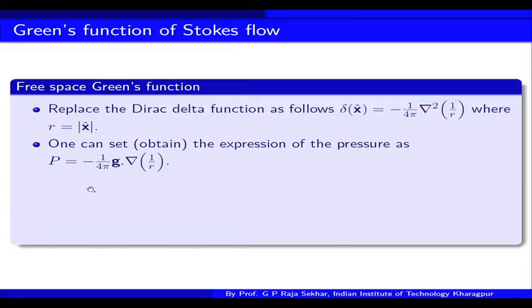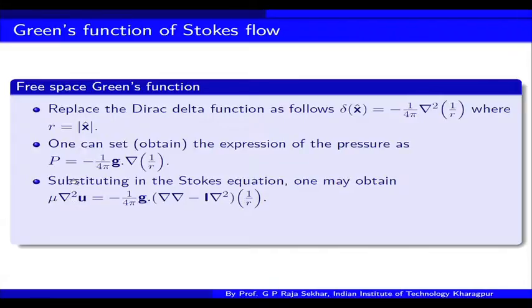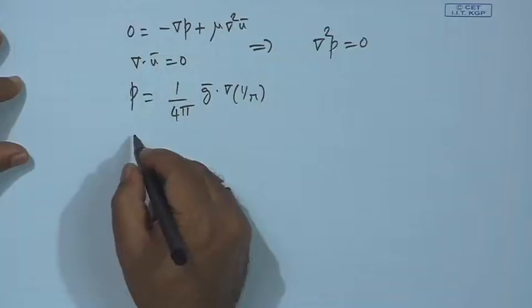So, that is now corresponding to this p, what is the velocity. So, that is the next challenge, right. So, we substitute in the Stokes equation. Okay. So, let us do that. So, this is the P we have.